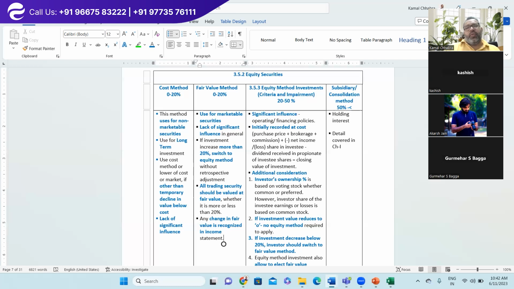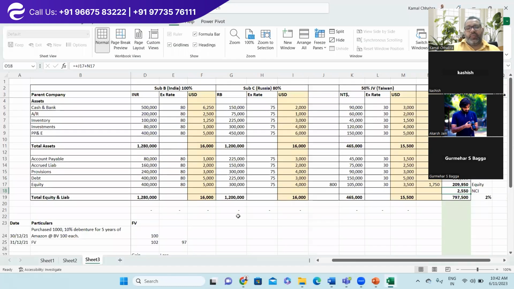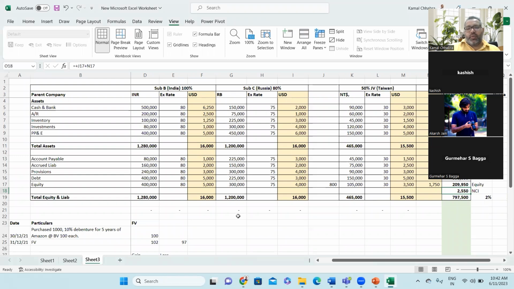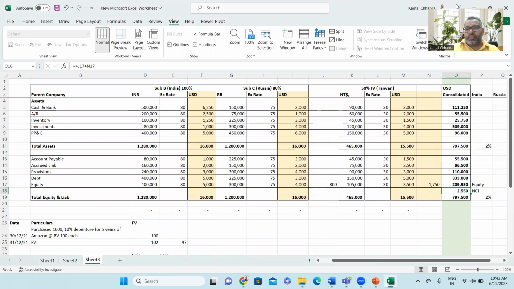Then, when you are doing consolidation, you will do the equity method investment this way. Let's say this company, Taiwan, in which you have 25% equity.